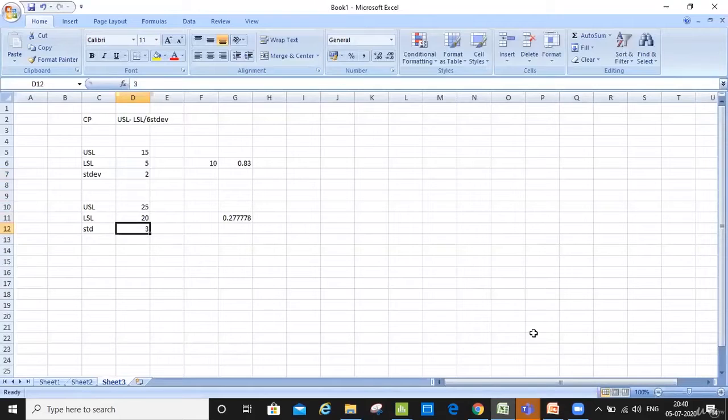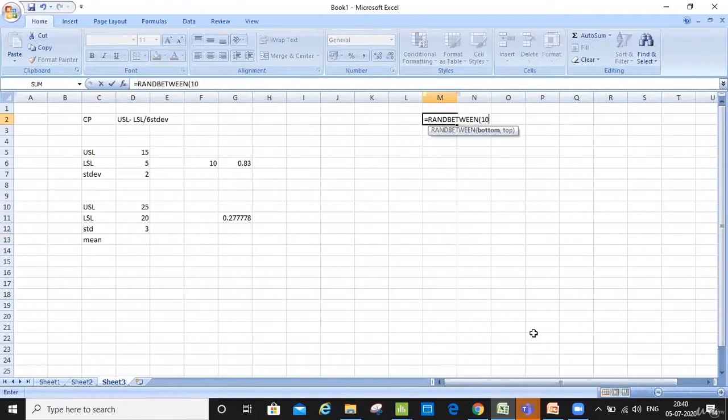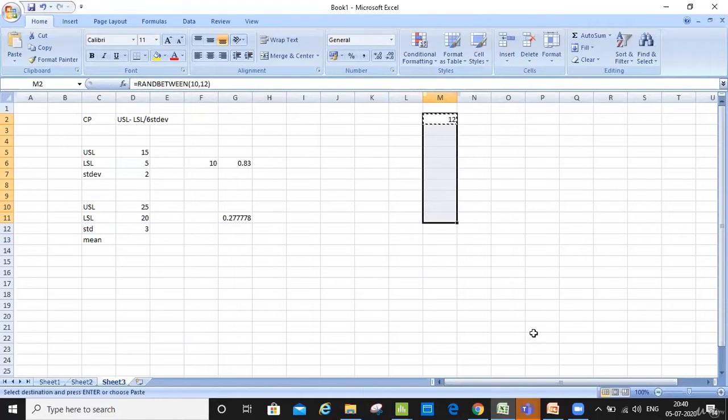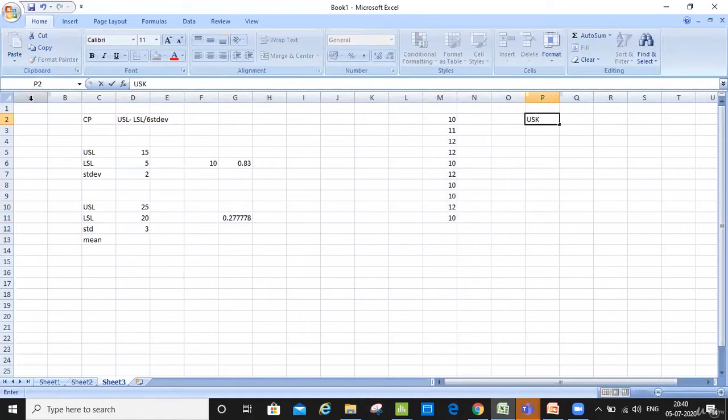So let's say I give you a scenario here. Let me give you some data. Now I have this data. I have the USL as 7 and LSL as 3.